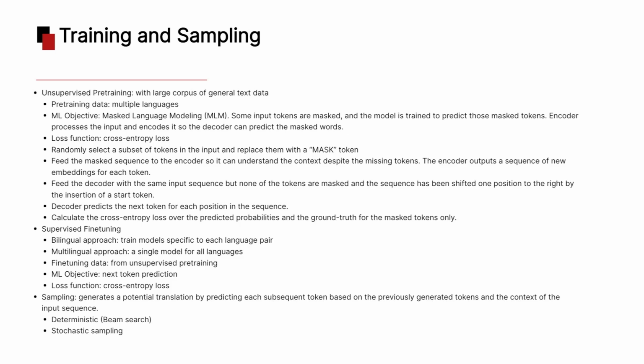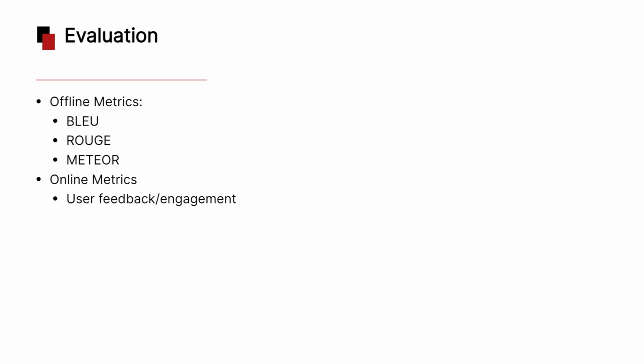Evaluating the quality of Google Translate involves both offline and online metrics to ensure accuracy, fluency, and user satisfaction. Offline metrics. These metrics assess translation quality on benchmark datasets without involving real users, allowing rapid iteration and model improvement.